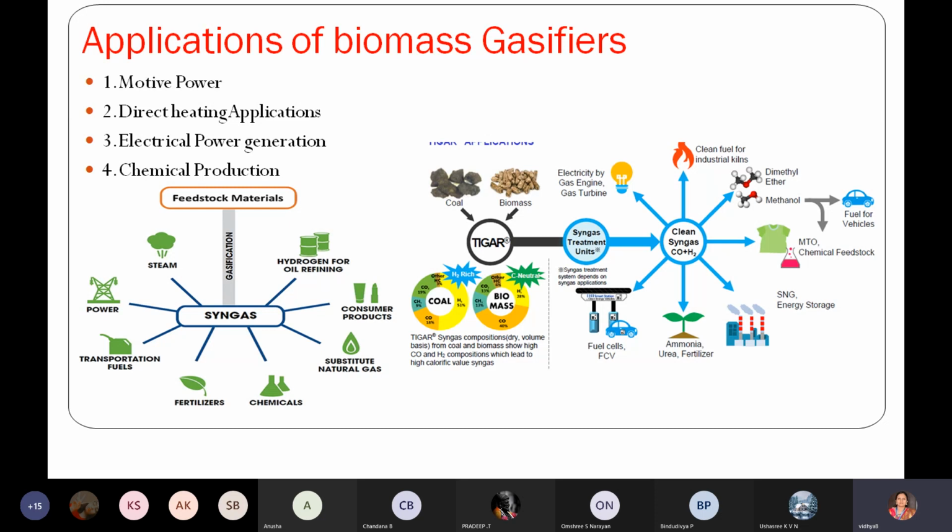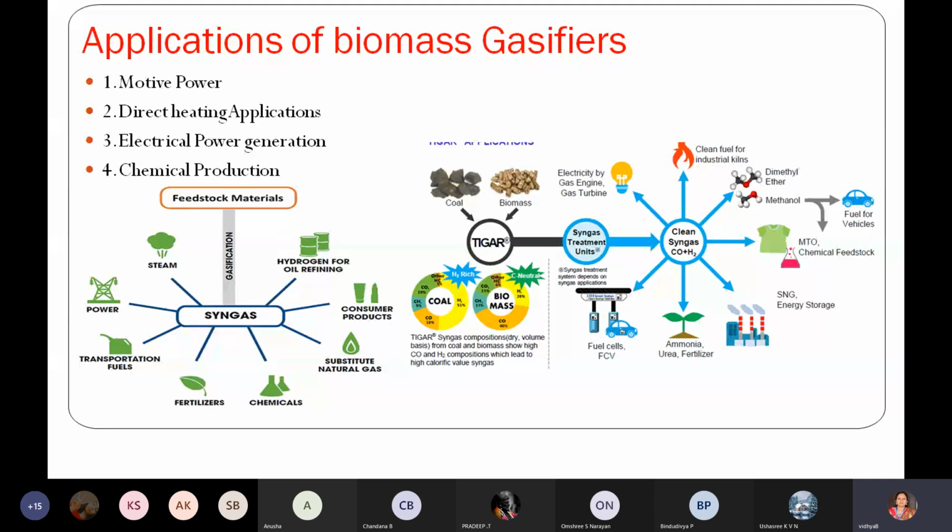And next, direct heating applications. Gasifier heat has direct heat applications, such as drying of agricultural crops and food products. Next, baking of tiles and pottery in the moderate temperature range of 800 to 900 degrees Celsius.